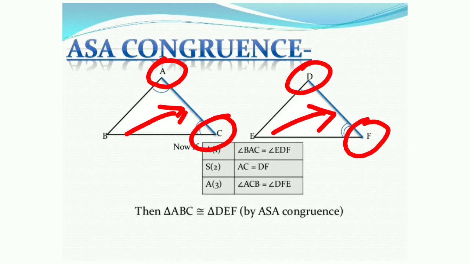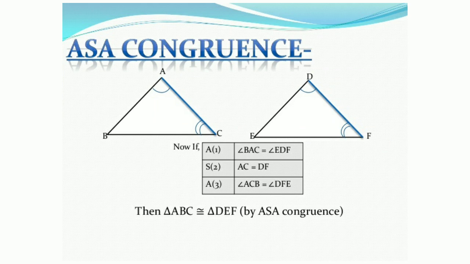If they are equal in both triangles, we can say these two triangles are congruent. That means triangle ABC is congruent to triangle DEF. So with only these three measures we can prove the two triangles are congruent.